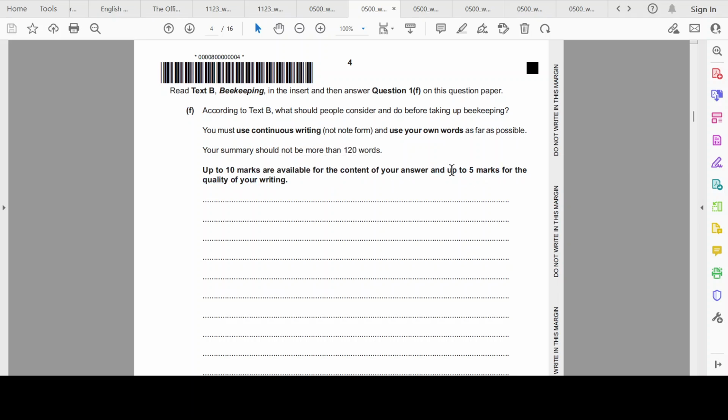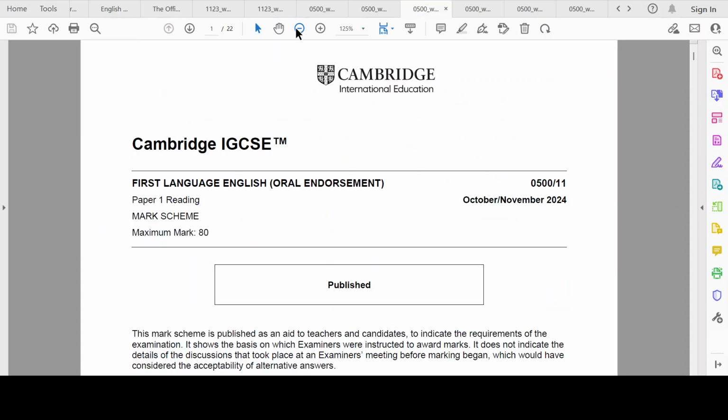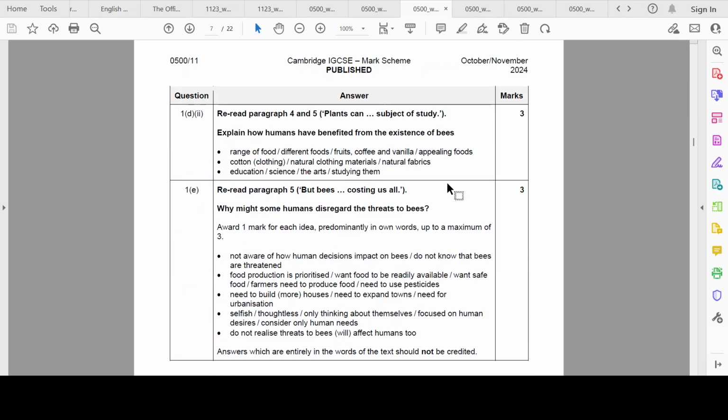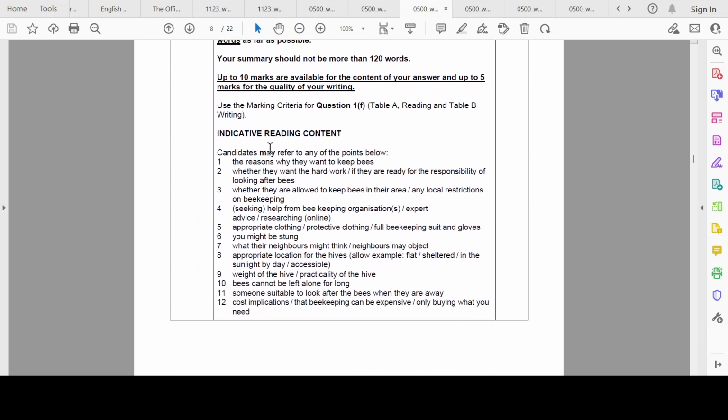So if we perhaps ignore the 5 marks for quality, there are 10 marks available for content. And if we take a look at the mark scheme and go to the question, here, we can see that there are 12 points available to pick.